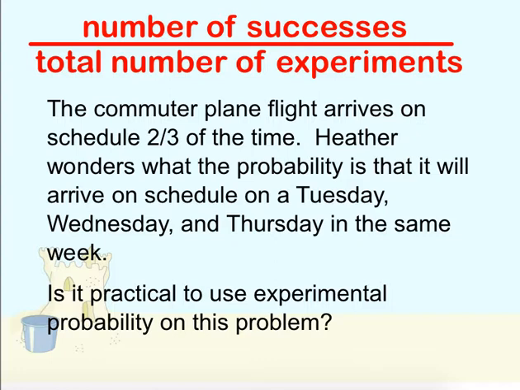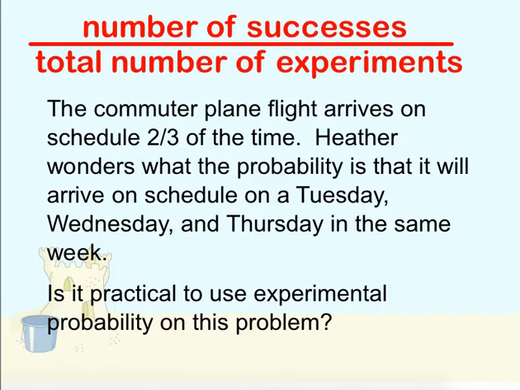And we would have to say, well, in order to get enough data, she would have to look at the plane schedules and figure out if the planes came in on time each week on a Tuesday, Wednesday, and Thursday for multiple weeks in order to get a good experimental probability, which is not very practical because that would take a lot of time.